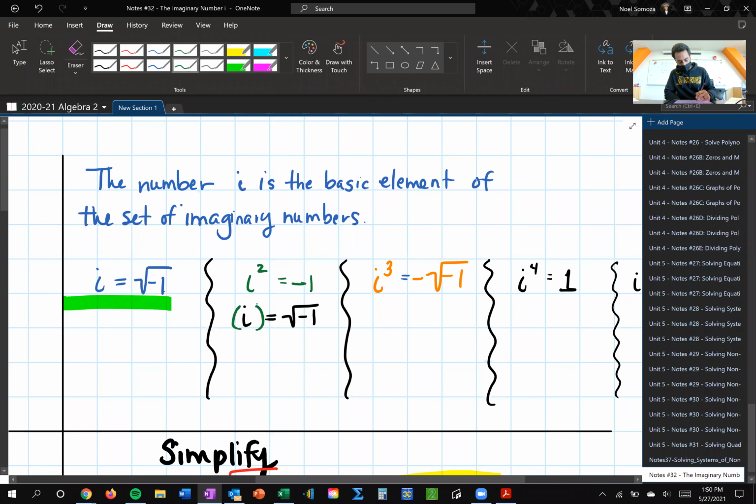Well, we would square both sides. So i squared is equal to the square root of -1 squared, but if you square a square root, the square and the square root are inverses of each other. So you're left with -1. So we have another definition which tells us that i squared is equal to -1.